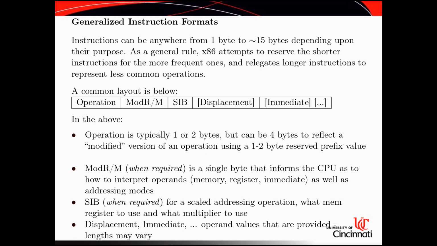So the next one is this one. I cannot tell you what the abbreviation stands for, but that's a real common term used in a lot of manuals. It's a single byte. It tells the CPU how to interpret some of the operands that are to follow.